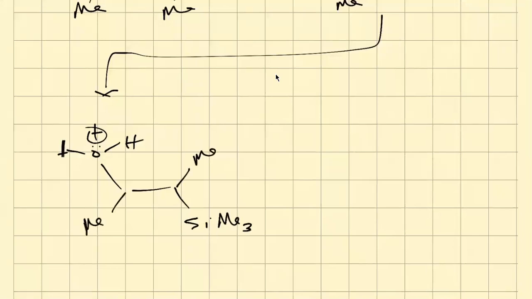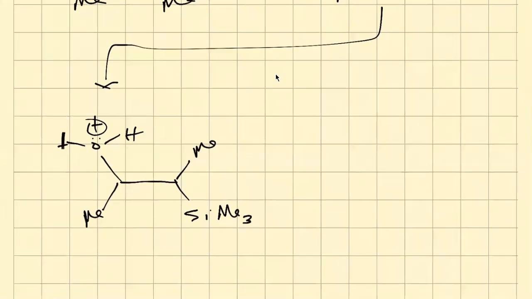Like so, right? Once that bond rotation happens, let me fix that up. That's kind of sloppy, right? And then what facilitates this is the addition of the conjugate base from your acetic acid.